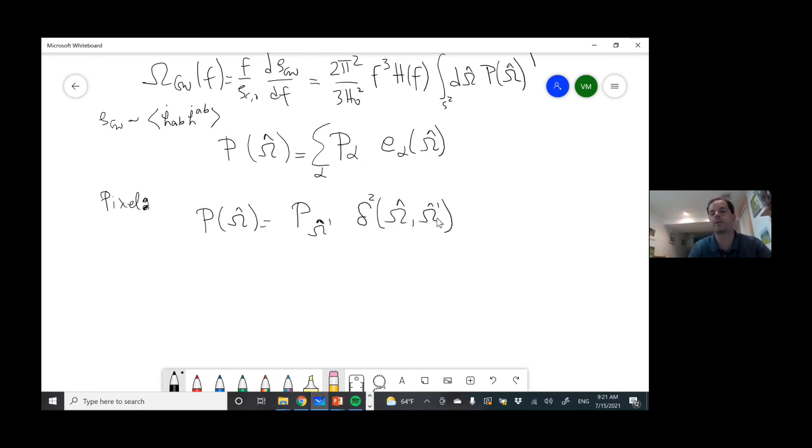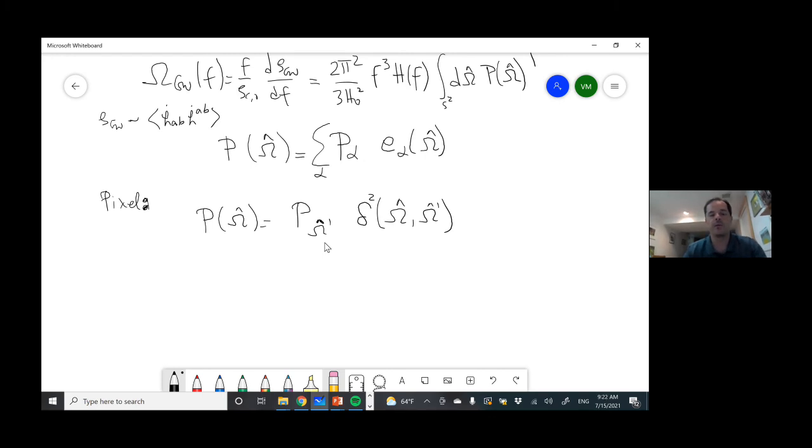So what does this mean? Here we're assuming that there is a single source on the sky in some particular pixel, some particular direction omega prime. In any other direction omega, P of omega will be 0, but in that particular direction, it will have some value P of omega prime.